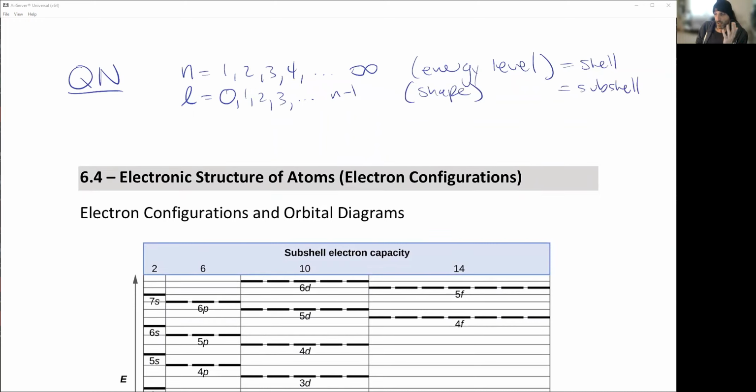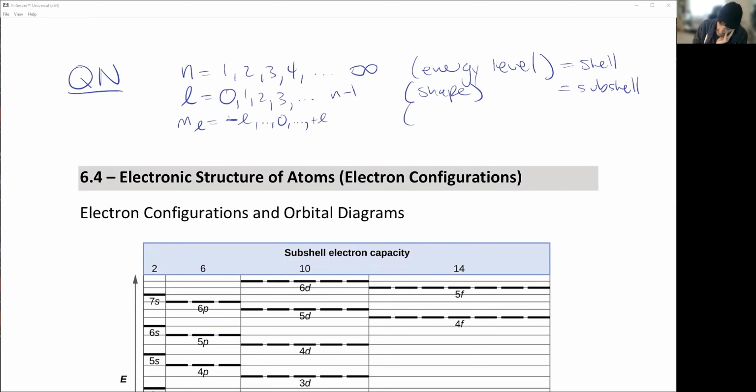Each of these subshells has individual m sub l's, which go from negative L through 0 to positive L. And these are going to be our individual orbitals. I guess I should keep it consistent.